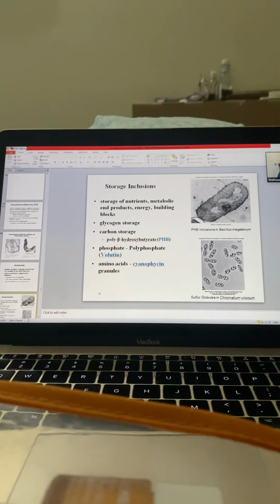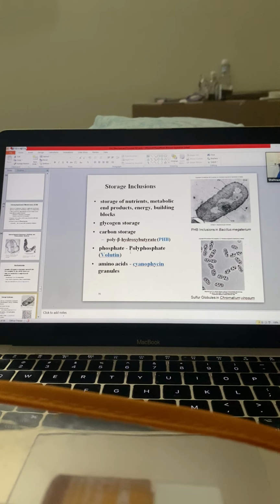Phosphate is not found in every environment, so the cell has to store it. Some bacteria have a very good capacity to store it in these volutins, which are the phosphate granules. Then there are some that will store amino acids, and we have the cyanophycin granules found in some.